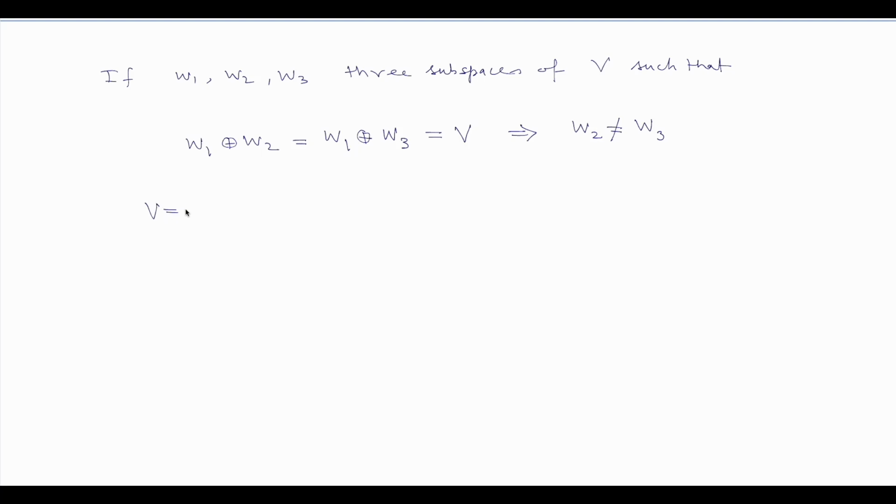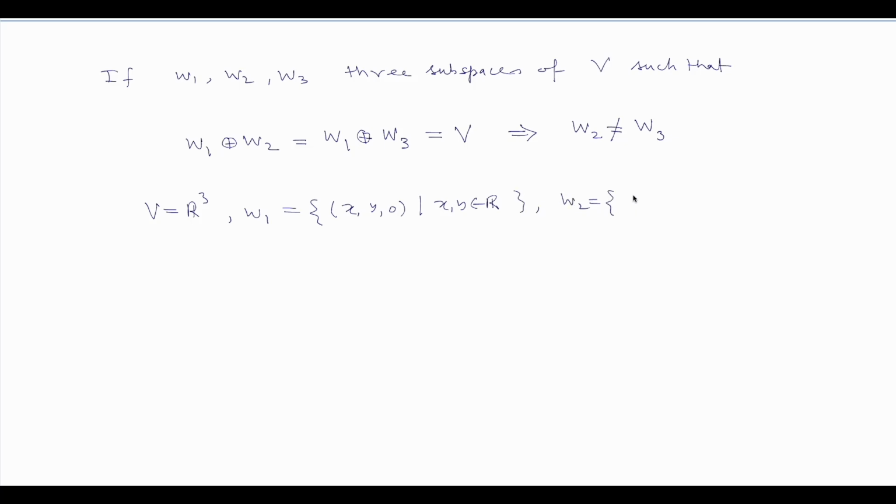So let V be R3, and W1 is all those points (x, y, 0) such that x, y belong to R. What about W2?